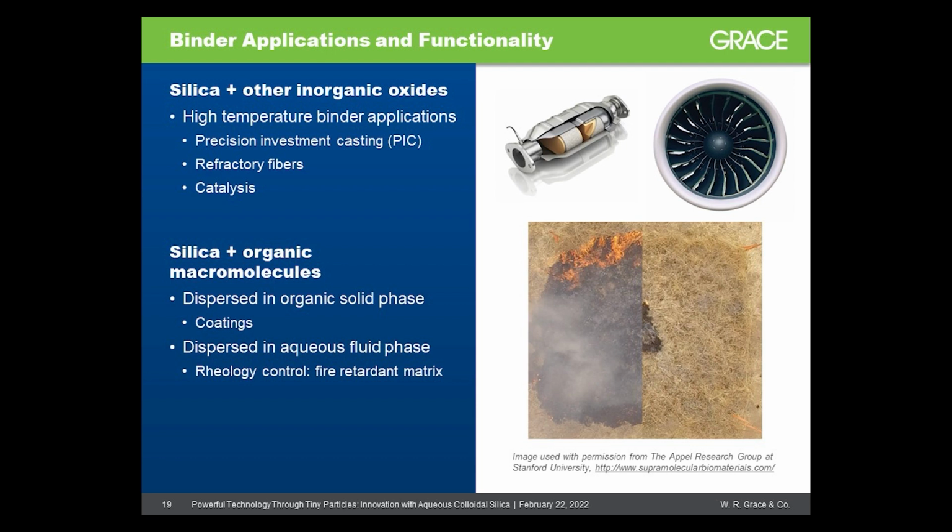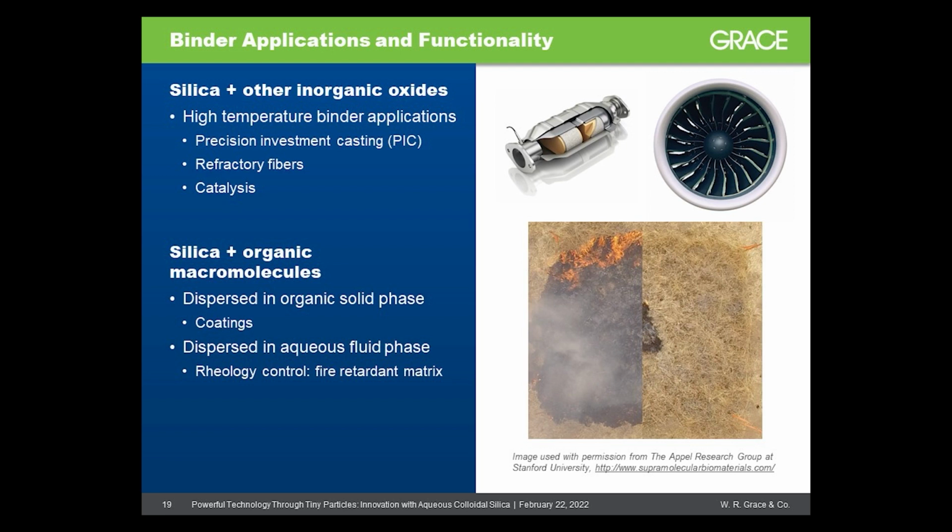Shown in the image is a cutaway of an emission control device used in automotive applications, where colloidal silica is used as a binder. Other prominent industrial applications include precision investment casting, for example, to form the airfoils in jet engines, and in refractory fibers.